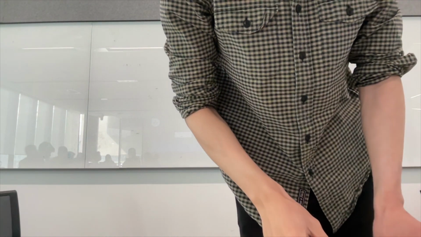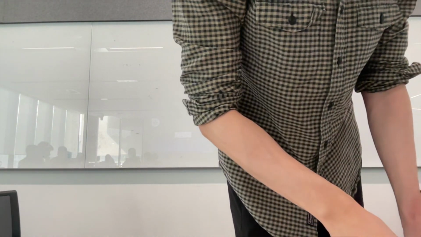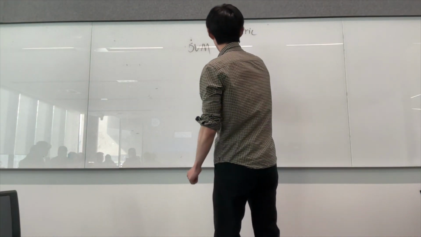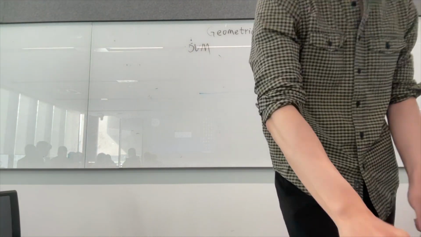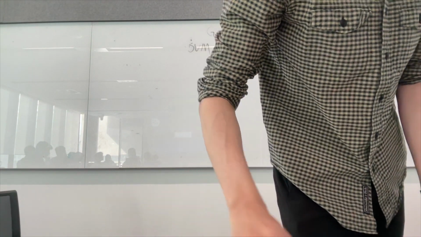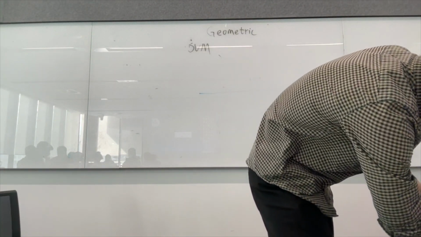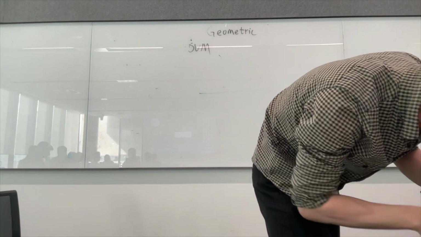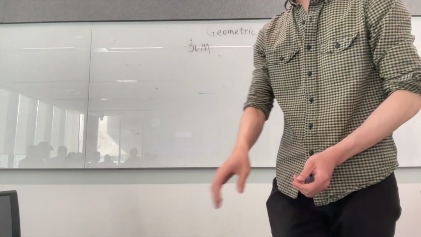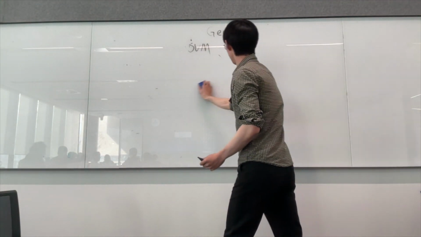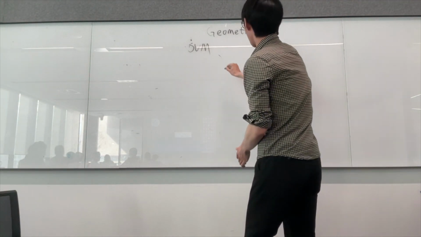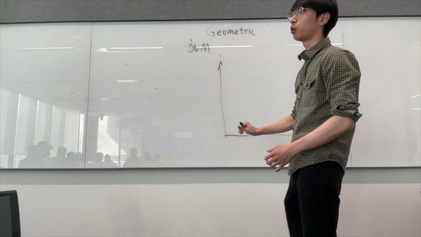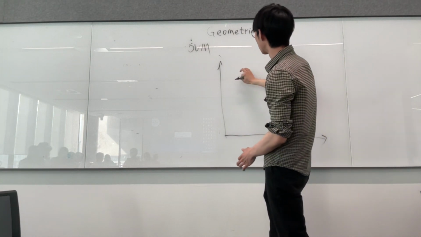Think about what geometric intuition we use. I will draw the geometric graph to explain. Geometric means we just project all the data points onto the feature map.